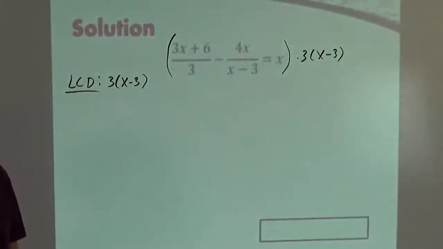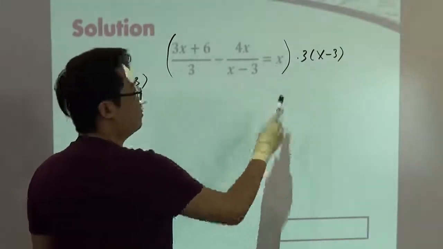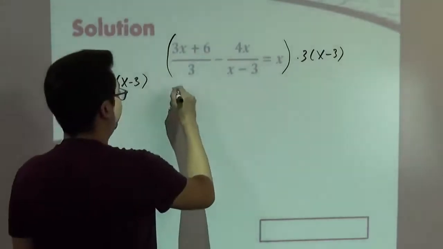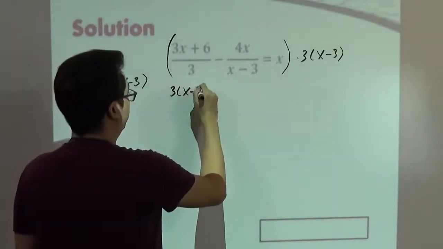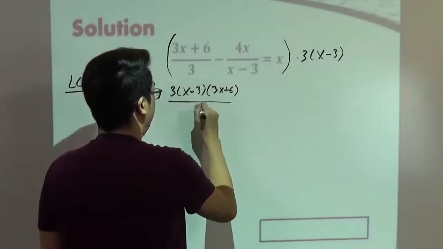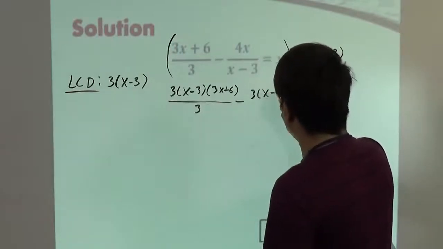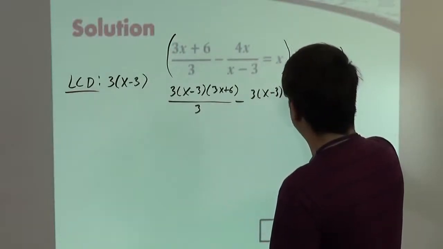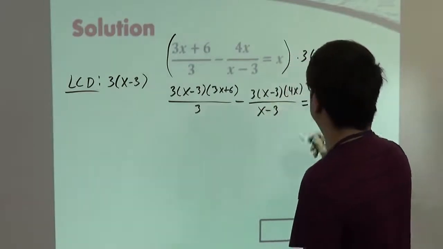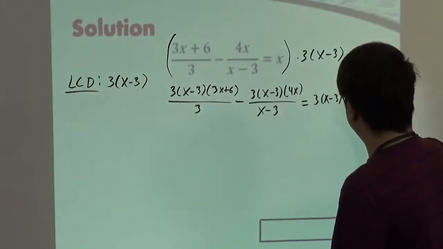When I'm multiplying this, I'm distributing the LCD to every single term. So I would write this as 3 times x minus 3 times 3x plus 6 divided by 3, minus 3 times x minus 3 times 4x over x minus 3, equals 3 times x minus 3 times x.